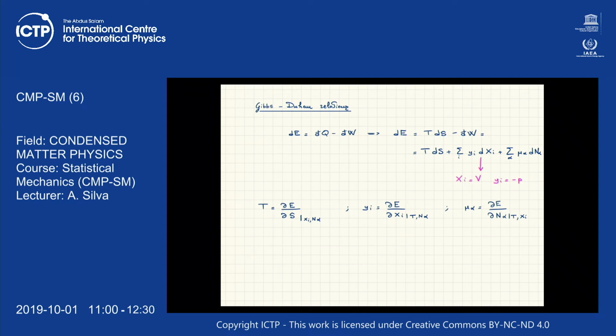These xi are all extensive parameters: volume, magnetization, polarization, whatever, all extensive. Same thing for this one, and same thing for this one. So this is a writing of the energy in terms of extensive quantities.